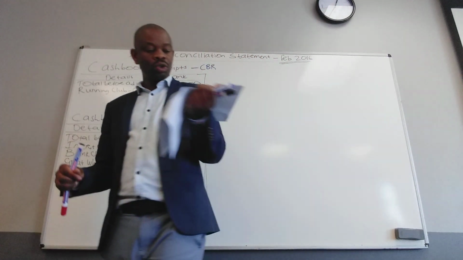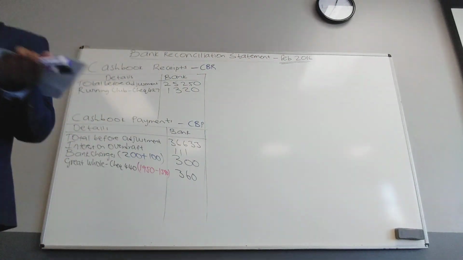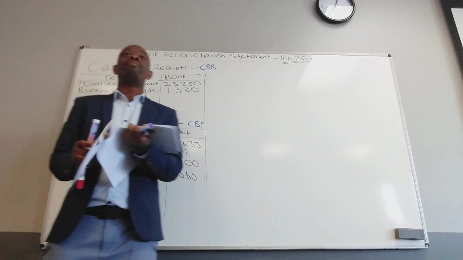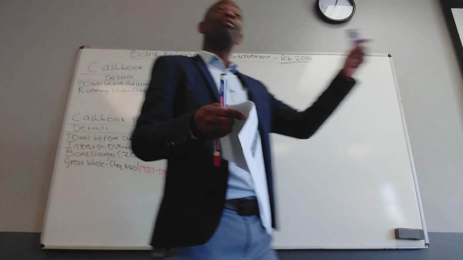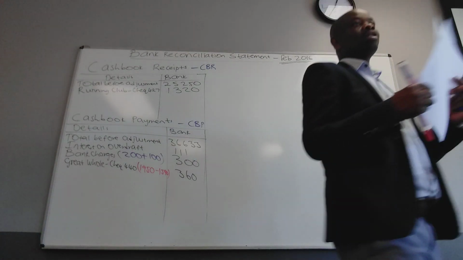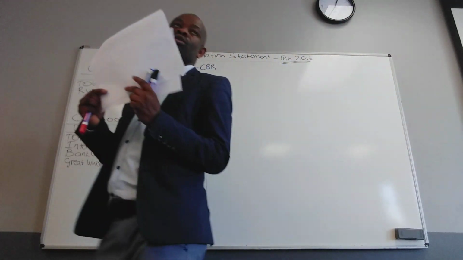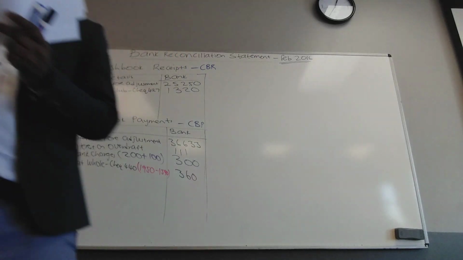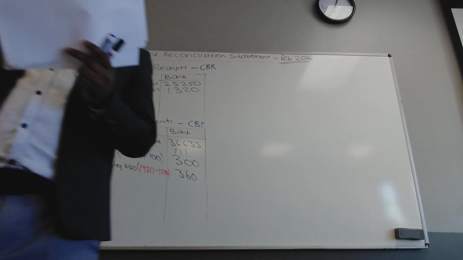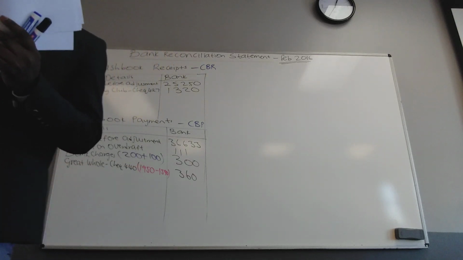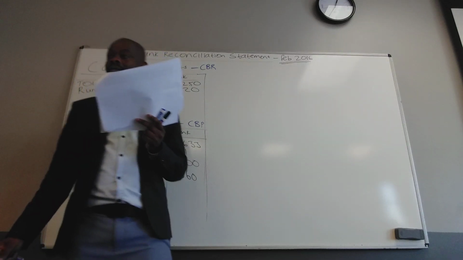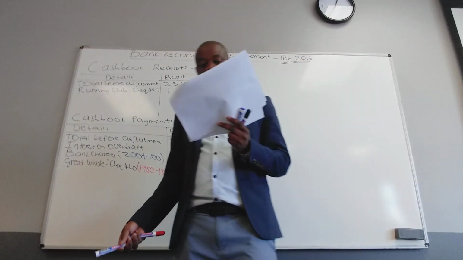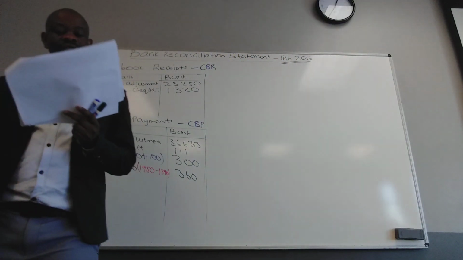It was incorrectly debited to our bank account by our bank. It's the bank's problem, the bank's error. We're going to come back to it in the recon. I said just write BRS next to it. Okay, number 6. Number 7.